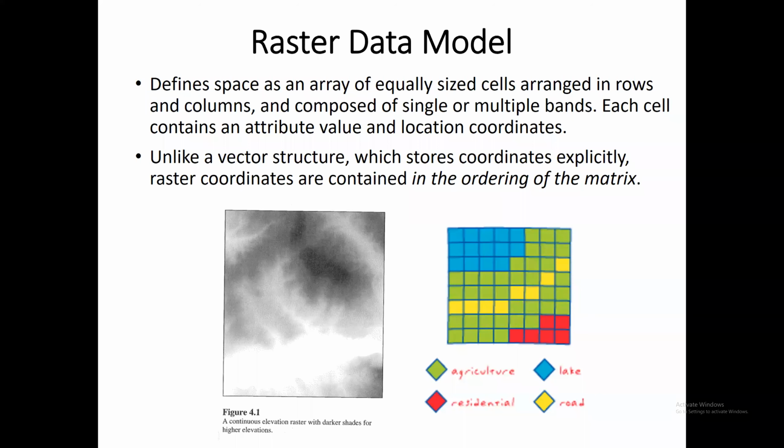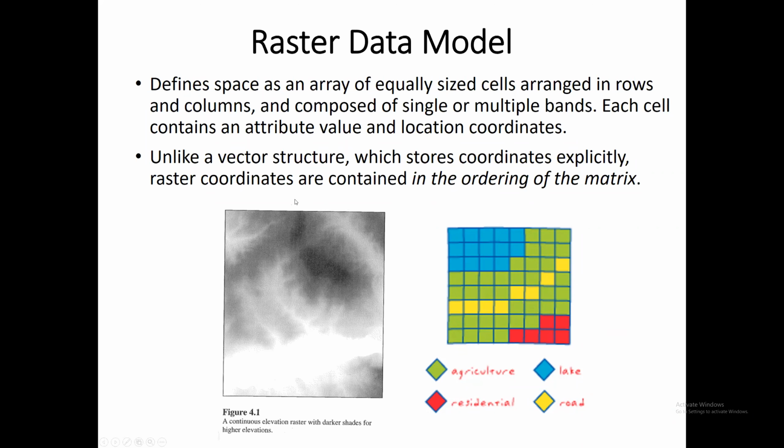Raster data are basically arrays, and a common way of thinking about them is more like photographs. Space is represented as an array of cells arranged in rows and columns. Rows go across, and columns go up and down.